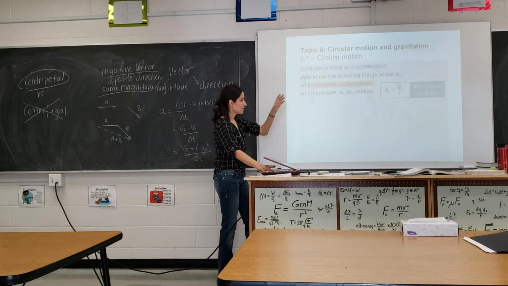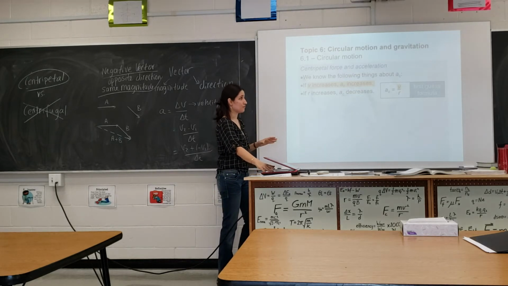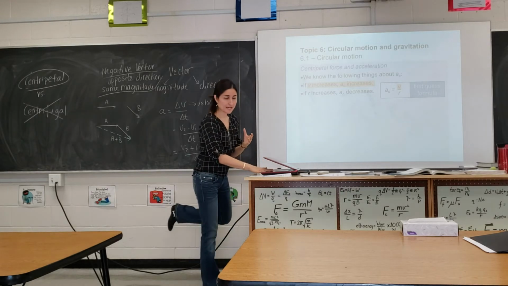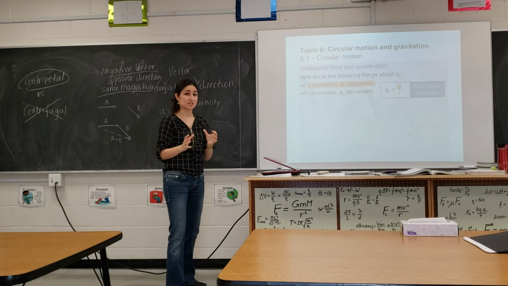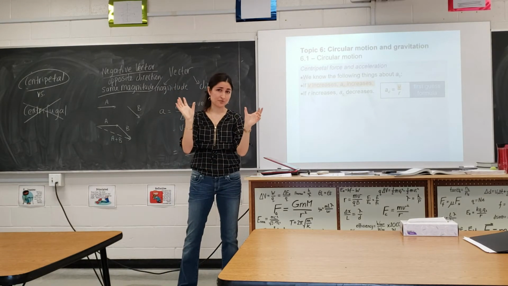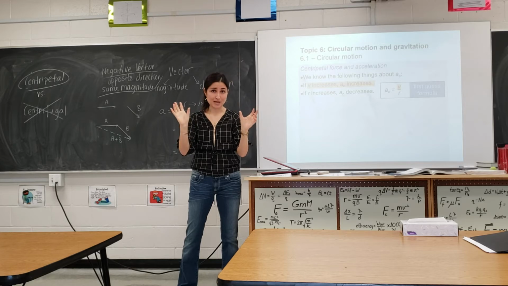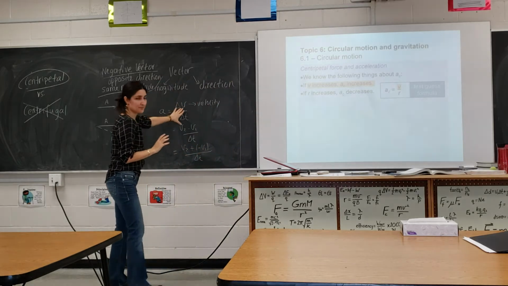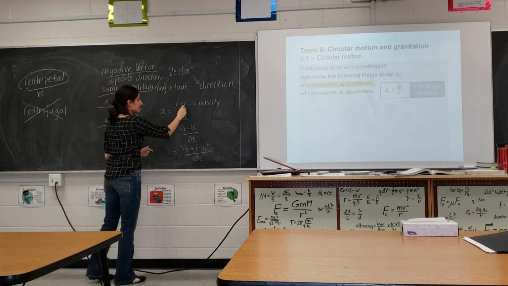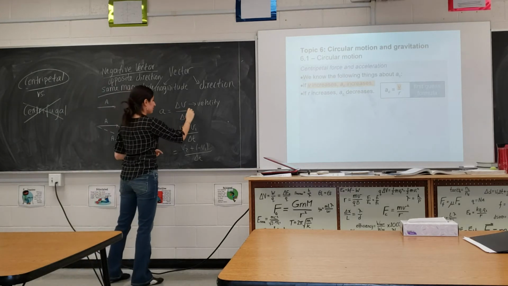In order to understand whether or not that is actually the correct formula, you can use something called dimensional analysis. If you remember, dimensional analysis is when you look at the units on one side of the formula, you look at the units on the other side of the formula, and you make sure that they match. For example, here, velocity is measured in meters per second.